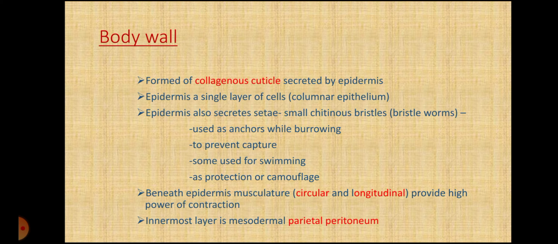Musculature is represented by smooth muscle fibers of two types: the outer circular muscle fibers and the inner bundles of longitudinal muscle fibers. The innermost layer of the body wall is mesodermal in origin and formed of parietal peritoneum, except in leeches.